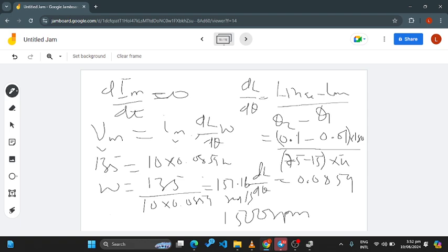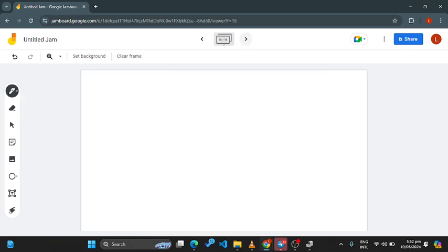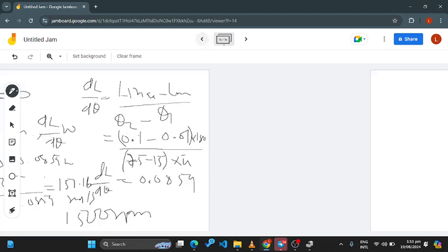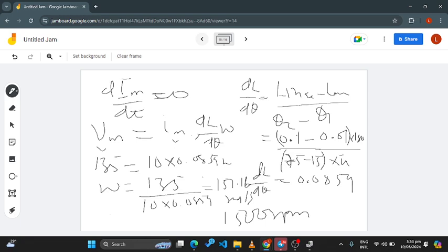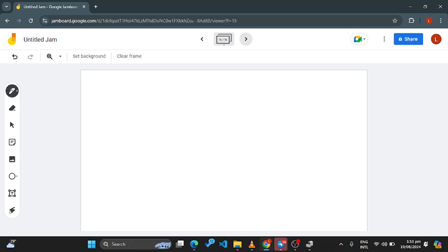The next question is to find the torque. There are two ways you can find the torque here. You can find the mechanical speed, after that you can find the mechanical power, after that you divide it by this speed you have here, or you find the torque directly. Me, I want soft life, so I'll find torque directly. If you want to find mechanical torque, P mech is equal to half Im squared dL d theta times omega.